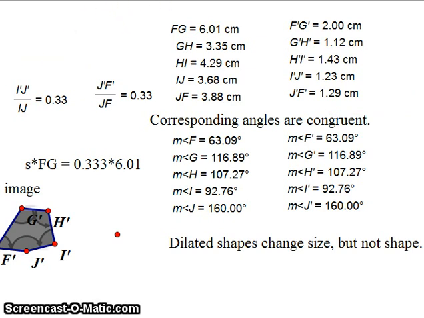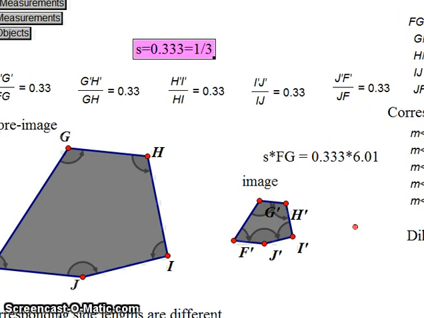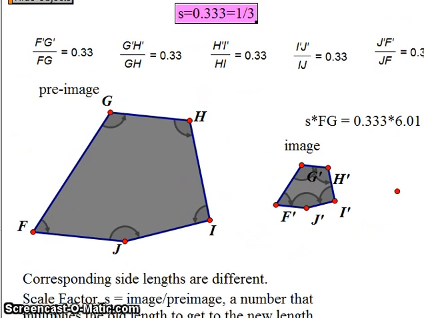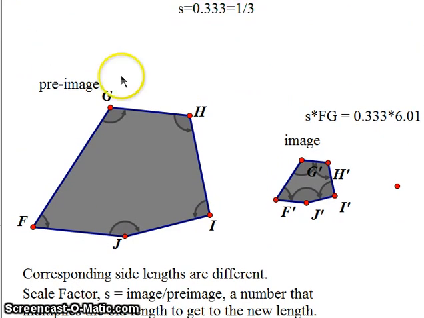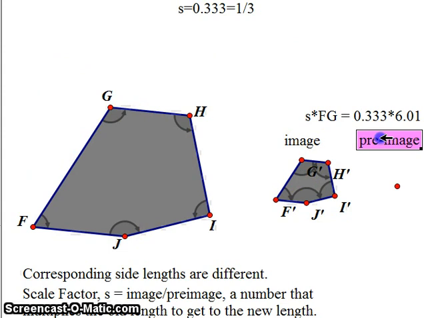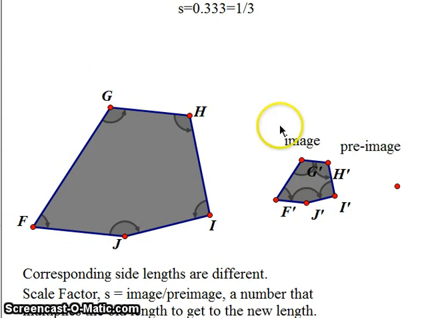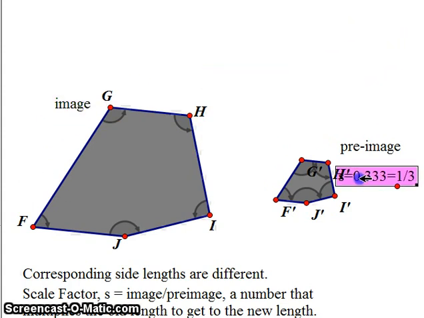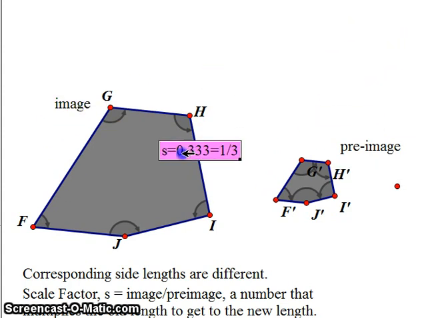Now, what if I had started with, instead of this being the pre-image, what if this was the pre-image, and instead of this being the image, what if this was the image? What number would I multiply this by to get to this shape?